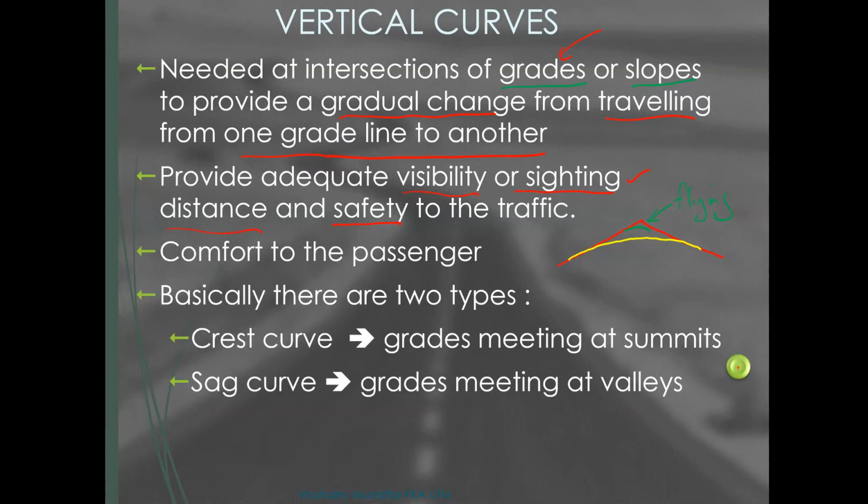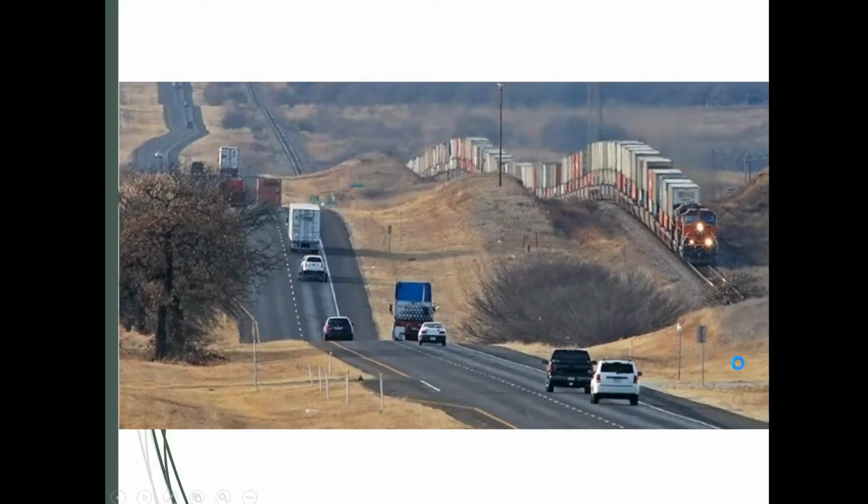I think I'll have a link there. That's a good picture of a crest curve. You could see that the railway line, that track, is next to the road. There you could see that there is a crest curve. Here the train is going down.